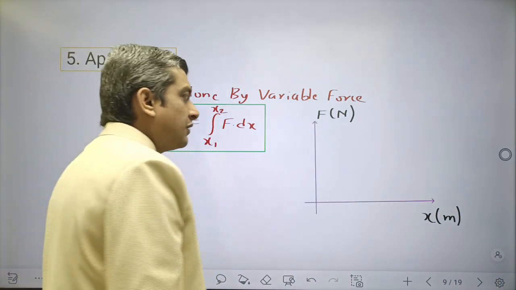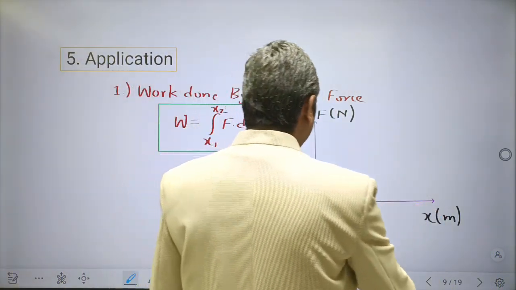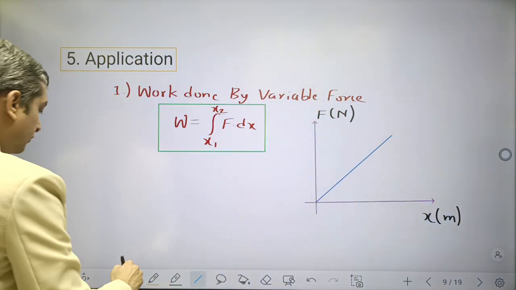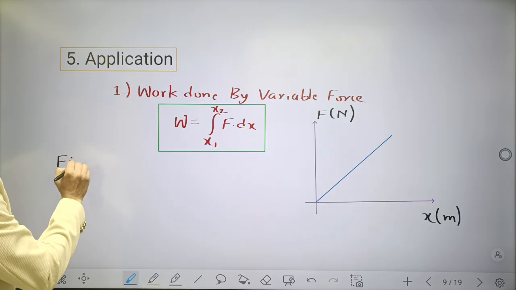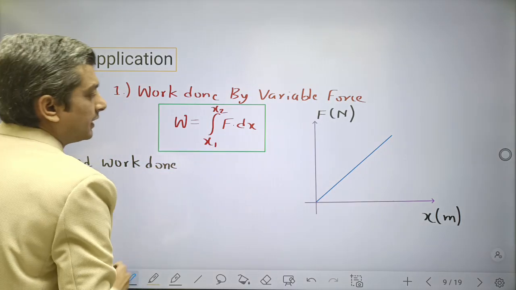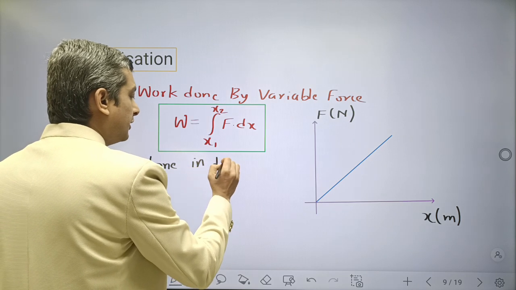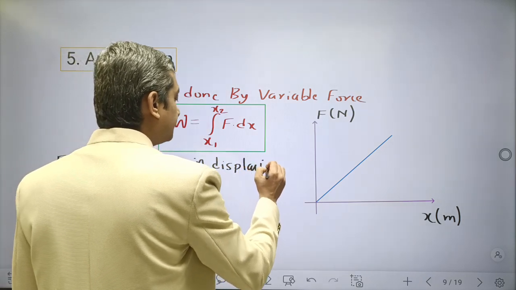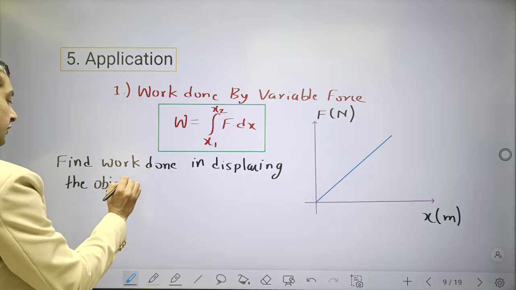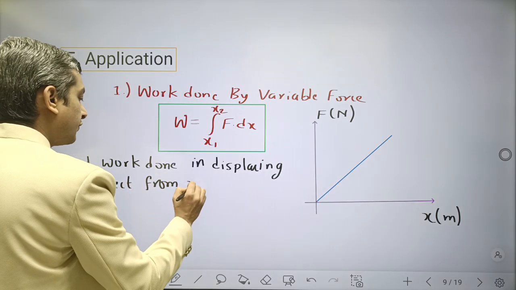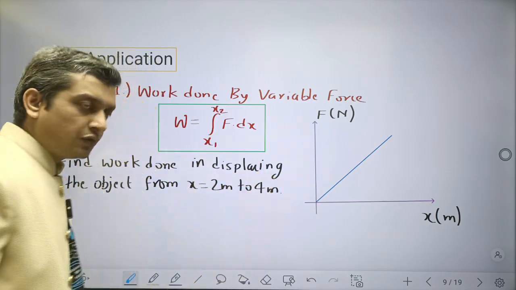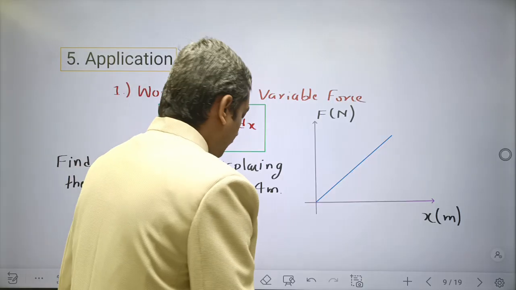So what happens if the curve of force with displacement is like this one? Force is being represented by this line, and you are asked to find the work done in displacing the object from x is equal to 2 meter to x is equal to 4 meter. Are you getting it?